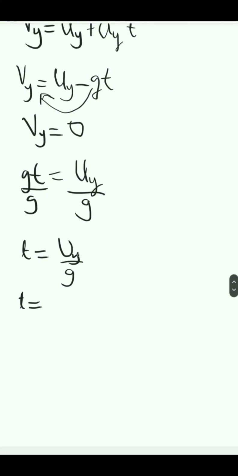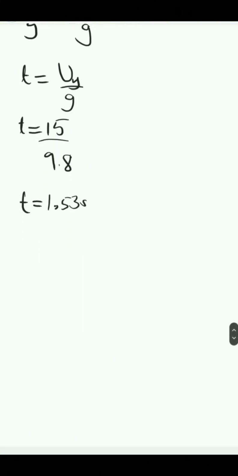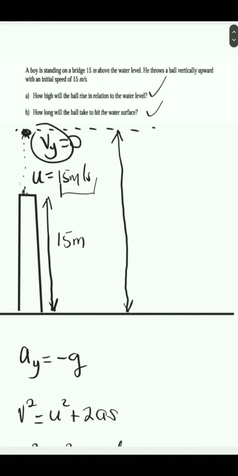Now upon doing our substitution, the initial is 15, then divide by g, which is 9.8. Now our time will be equal to 1.53. Now this is the time taken to reach the furthest point. Now one thing you need to know is that regardless of the position of projection, the time taken to reach the furthest point is always half the total time of flight.